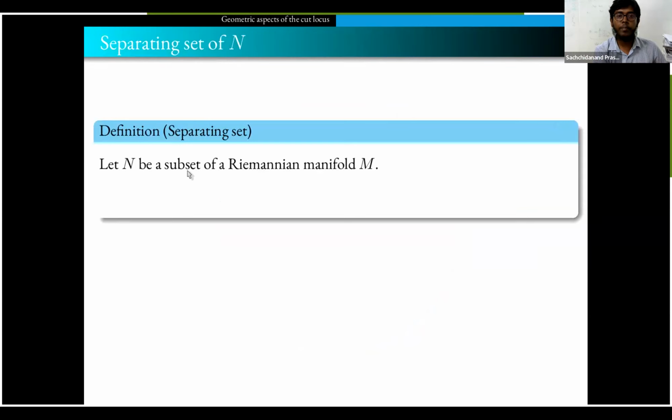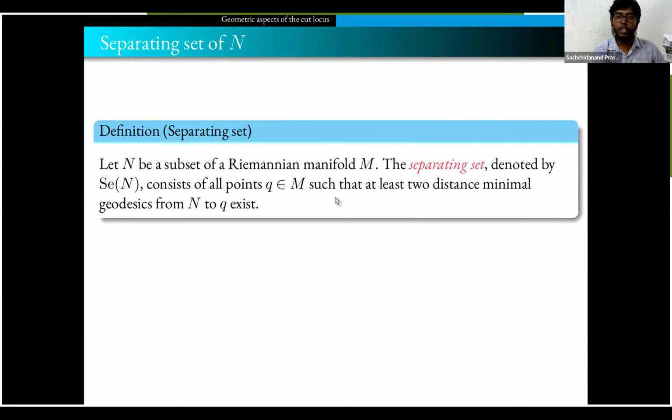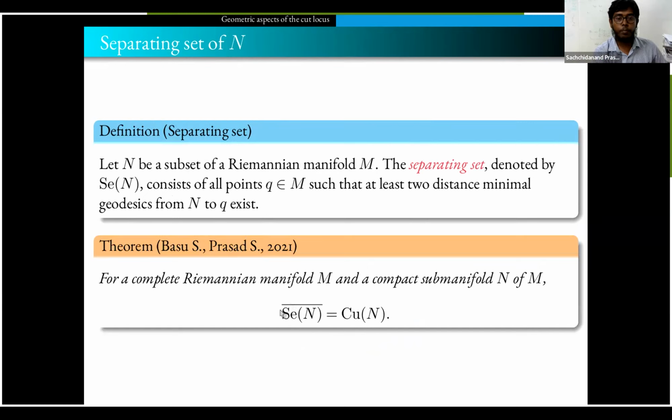So if N is a subset of a Riemannian manifold, then the separating set, which we denote by Se(N), consists of points Q such that at least two distance minimal geodesics from N to Q exist. And we prove that for a complete Riemannian manifold M. So why are we taking complete? To ensure that the extension of any geodesic exists. So for a complete Riemannian manifold M and a compact submanifold N, the cut locus is the closure of Se(N).